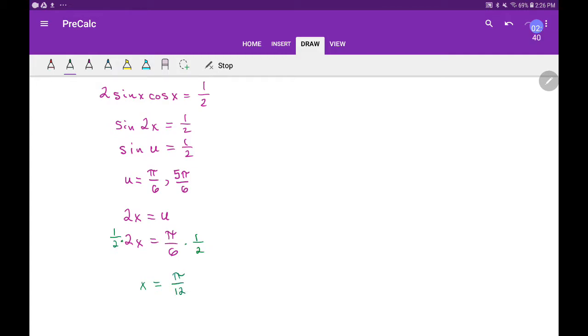So that's one of my solutions. And I'll also say 2x is equal to 5 pi over 6, and I will multiply by 1/2. And I'll get x is equal to 5 pi over 12. That's another solution. So here are 2 solutions.